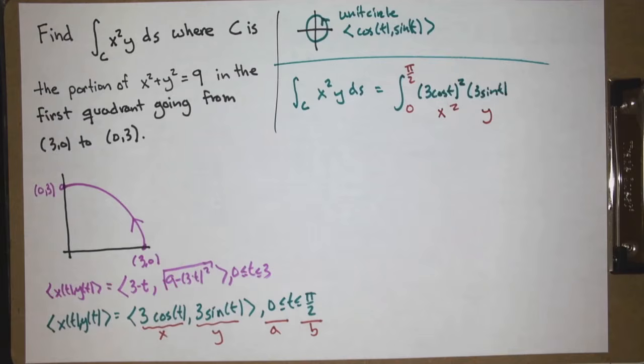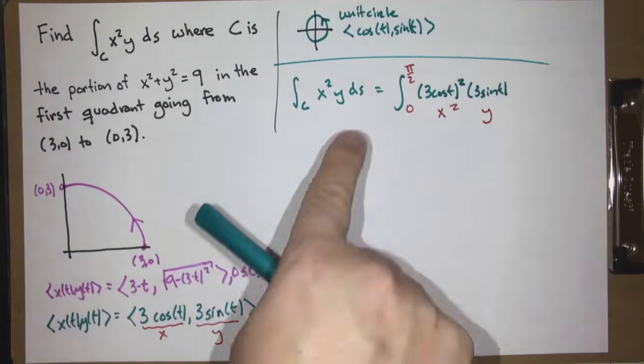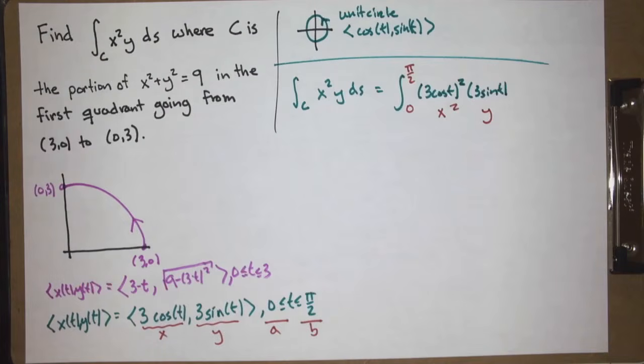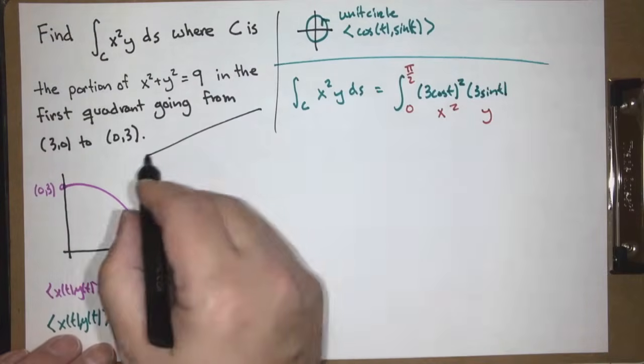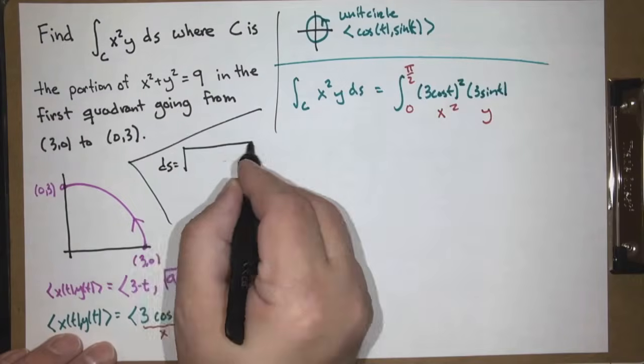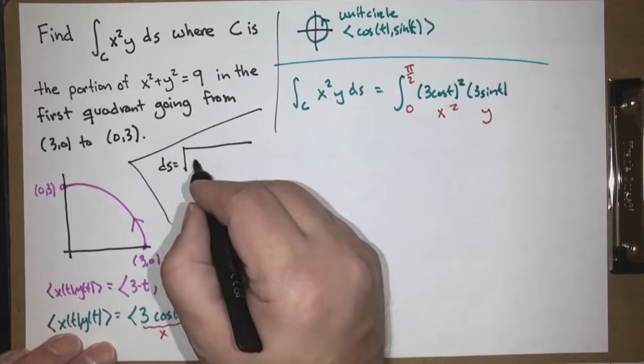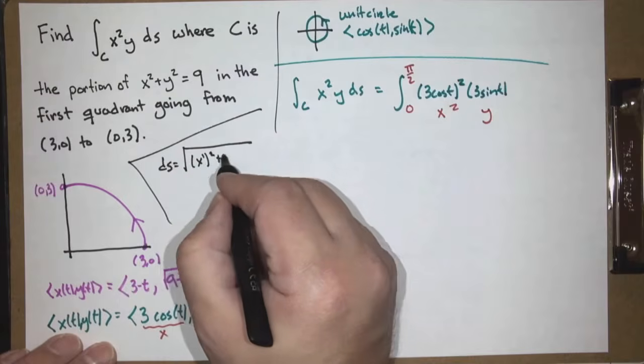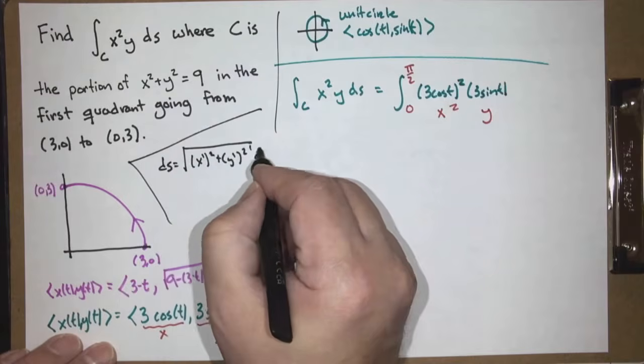What else do we need? The ds. We have to rewrite that. This is when the sine and cosine really shine. So ds is the square root of x prime squared plus y prime squared dt.